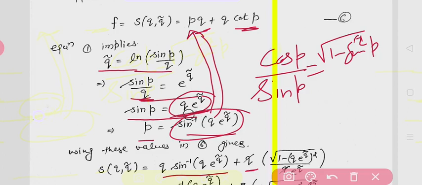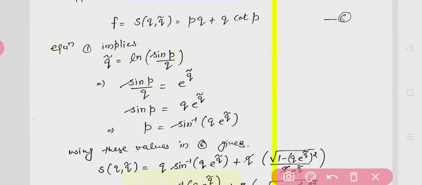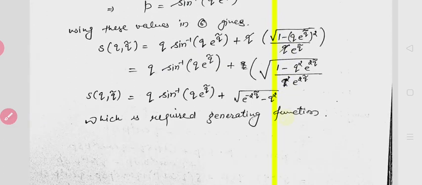So that means root of 1 minus Q into e raised to power Q tilde square, divided by Q into e raised to power Q tilde. Right. So when you got this one, you can check Q and Q will be cancelled out. So it will be root of 1 minus Q e raised to power Q tilde square divided by e raised to power Q tilde.